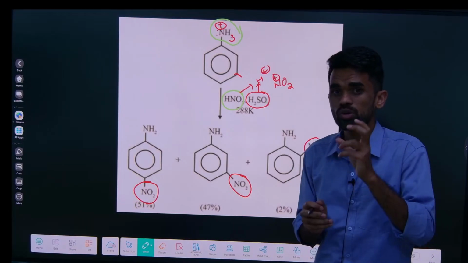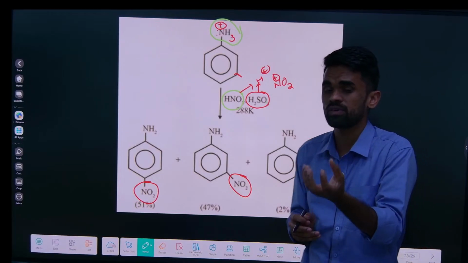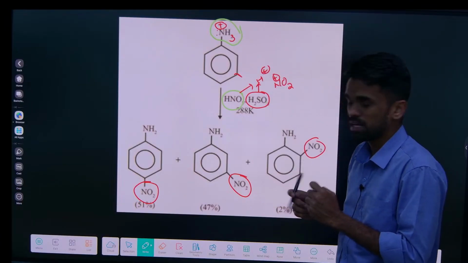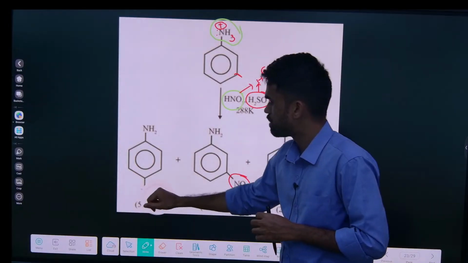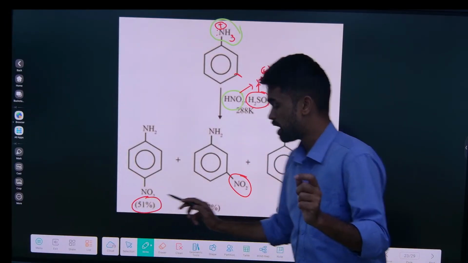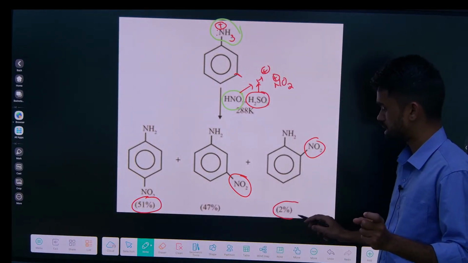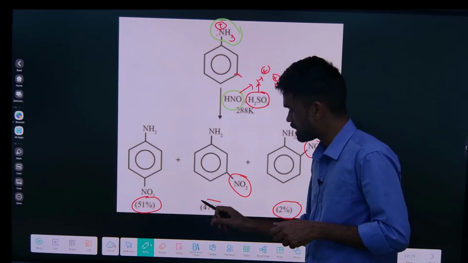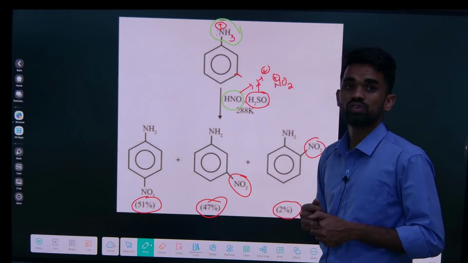Now if you look at the ratios or percentages of ortho, para and meta products formed, it is really interesting. The para product formed here is 51%. The ortho product is just 2%. But the meta product is 47%. So which is major?